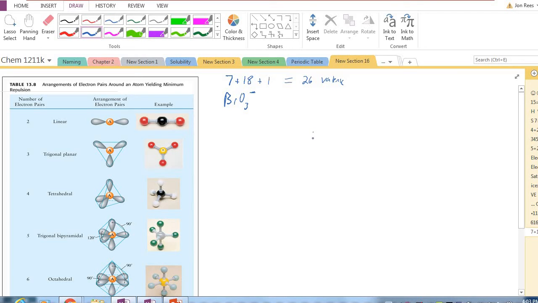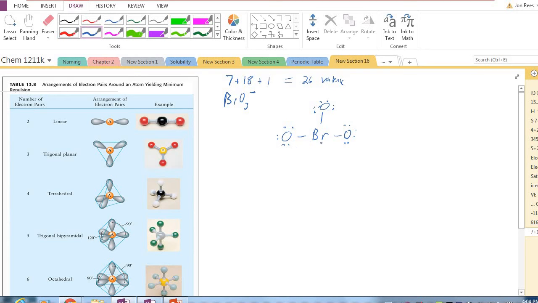So I'm just going to put that Br there in the middle, and I'm going to have my 3 oxygens come out of here from the bromate. Okay, and so I have my molecules in place. Let's complete the octets around the oxygens first.